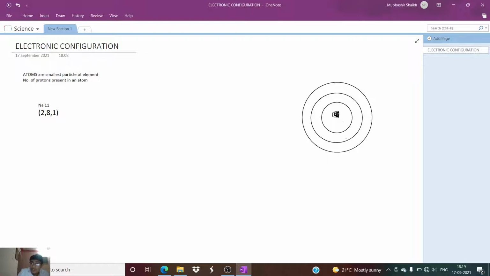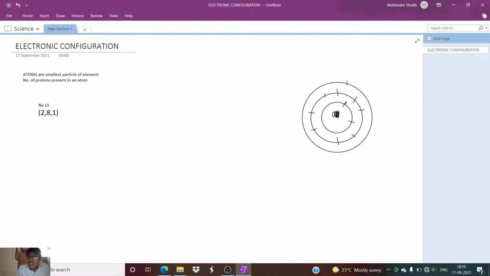In the first shell of the sodium atom there are two electrons, and in the next shell you will find 8 electrons, 1, 2, 3, 4, 5, 6, 7 and 8. And in the last shell there is only 1 electron.